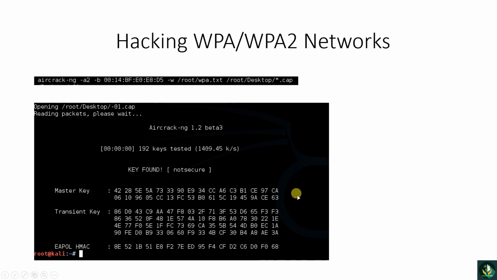The passphrase to our test network was not secure, as you can see. And you can see here it was in the word list, and aircrack found it. So if you find the password without a decent struggle, then change your password. If it's your network, or if you're penetration testing for someone, then tell them to change their password as soon as possible.